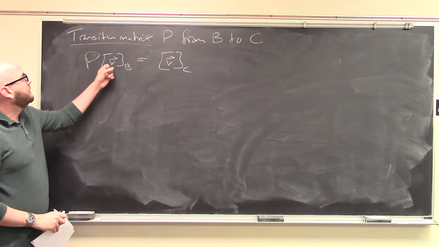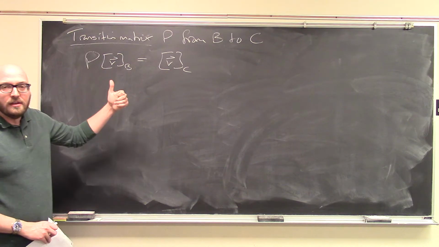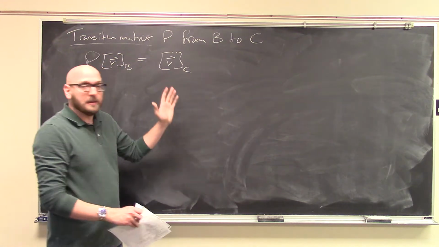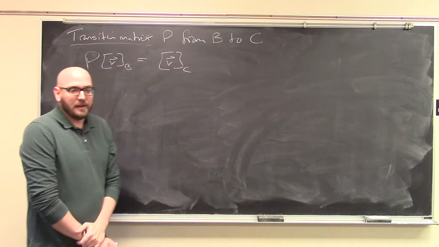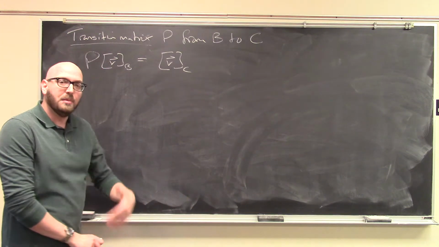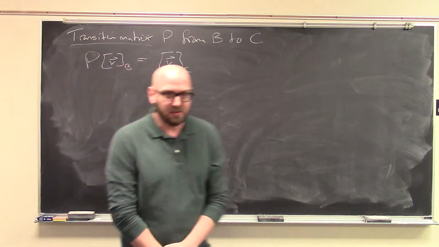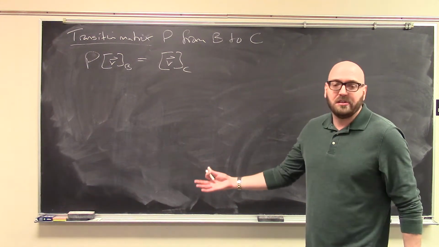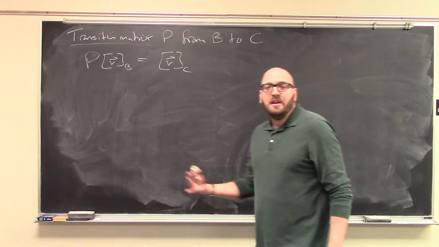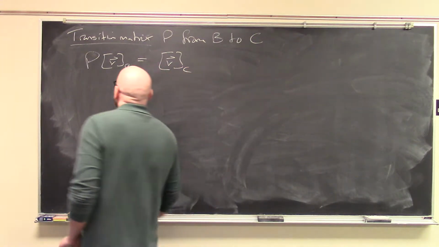So if I left multiply v in B coordinates by P, I get this new vector, actually not a new vector at all, the same vector v, but written in C coordinates instead. This is the most important fact about transition matrices. It's how they work, and hence the name. You transform a vector in one coordinate system to another coordinate system just by multiplying on the left by P.